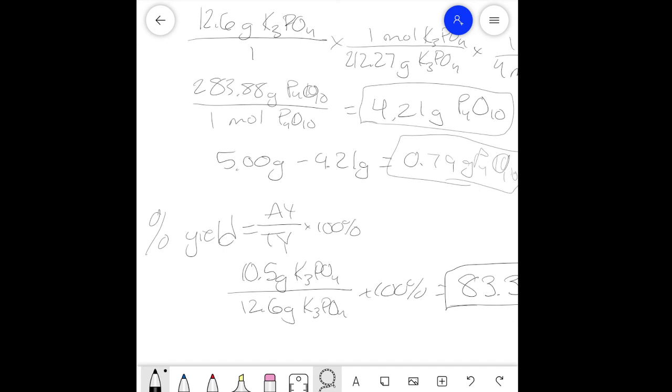The key thing to remember is even if it says what's the maximum amount that could be created, you always want the smaller answer for these types of problems, because that reactant will tell you when it stops, if that makes some sort of sense.